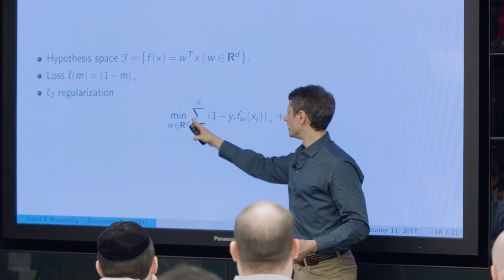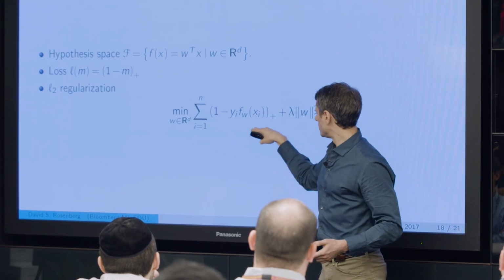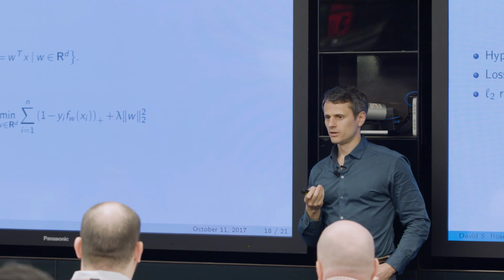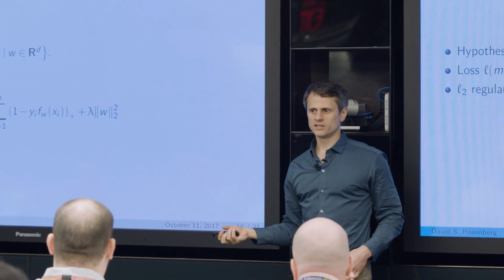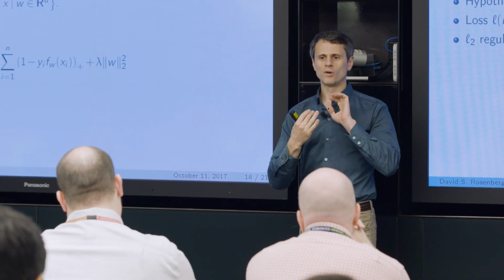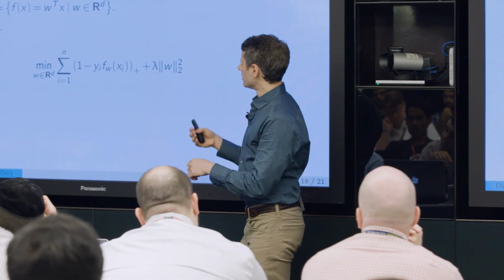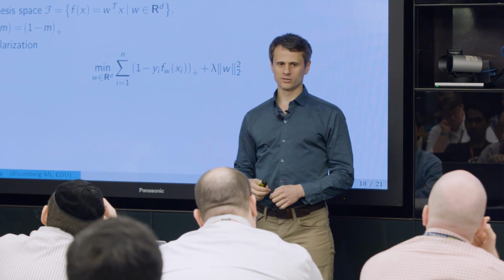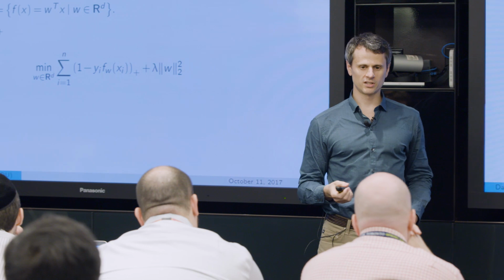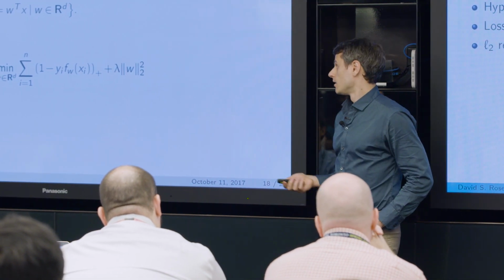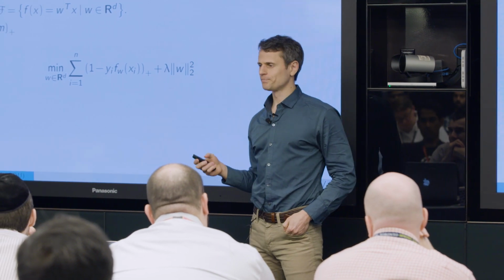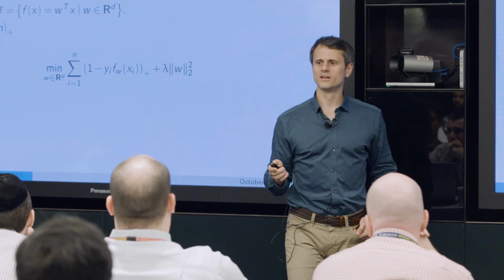In this case, it's cumulative, but we usually would write an average hinge loss plus the L2 regularization term. So support vector machine is linear predictions, linear hypothesis space. It's regularized empirical risk minimization with the hinge loss and L2 regularization penalty. That's the definition of the support vector machine objective function. So you could do SVM now if you could plug this into an optimization algorithm. And we'll work through some details later on.